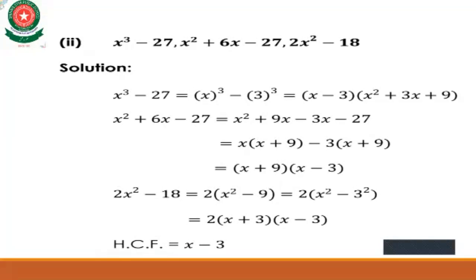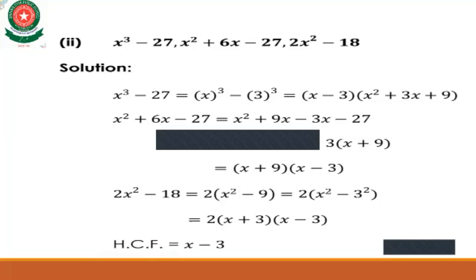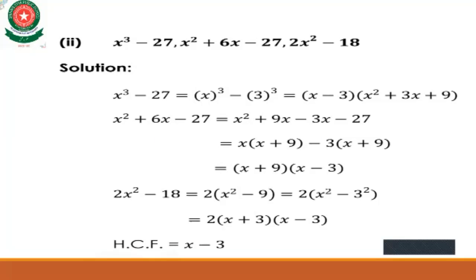Taking common x, remaining will be x plus 9. Taking common minus 3, remaining will be x plus 9. Here x plus 9 is common, remaining will be x minus 3. Those are the factors of the second polynomial term.